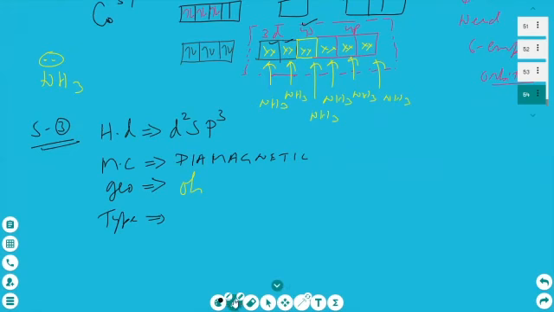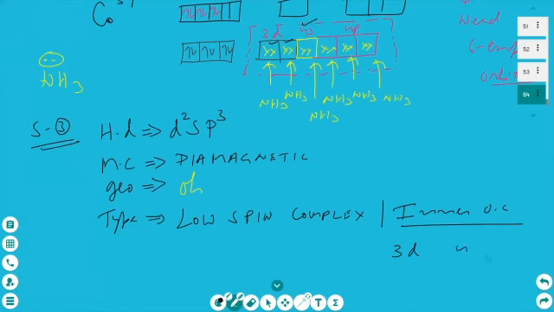Since I have used inside d orbital, the type of complex formed is low spin complex, or you can even call it inner orbital complex, IOC. So low spin complex and inner orbital complex, because inside d orbital is used. You have used 3d. If suppose you used 4s, 4p and 4d, then it is outer orbital. Since 3d is inside, it is inner orbital.